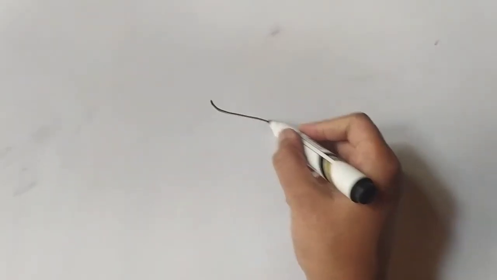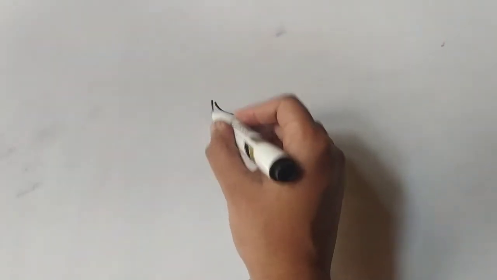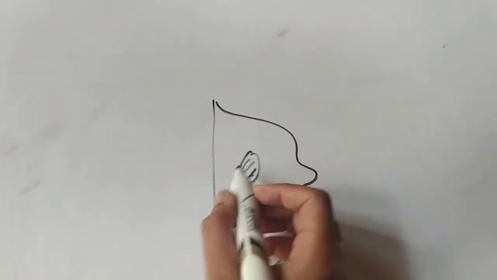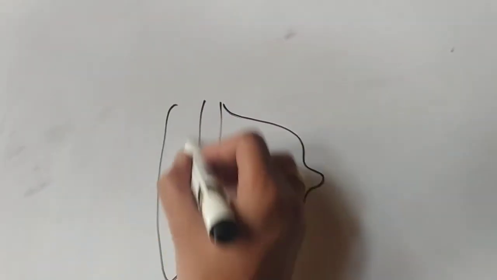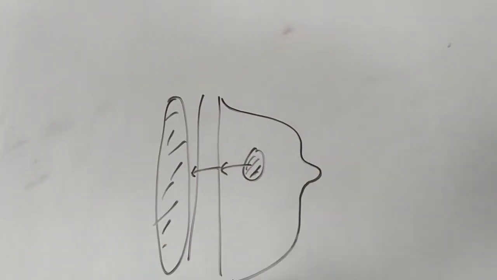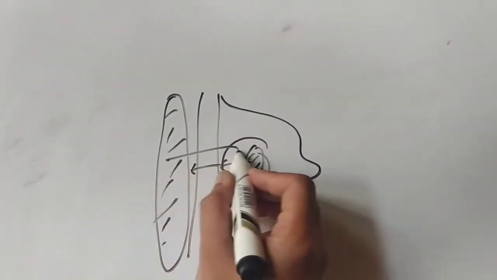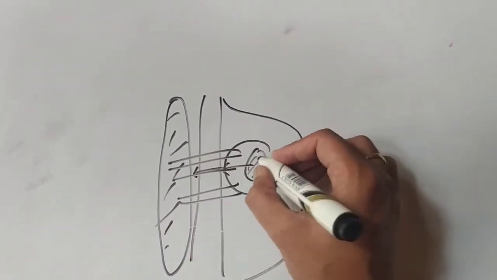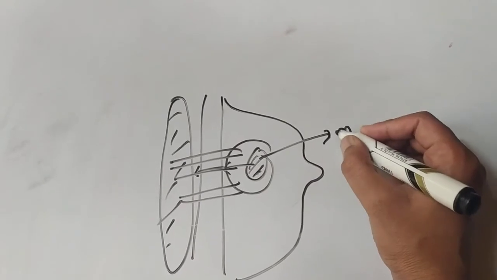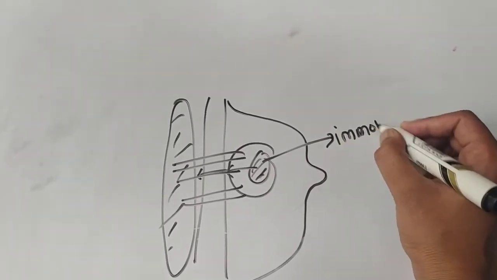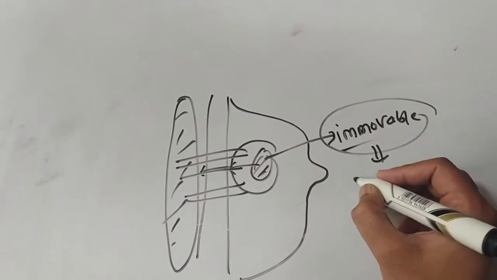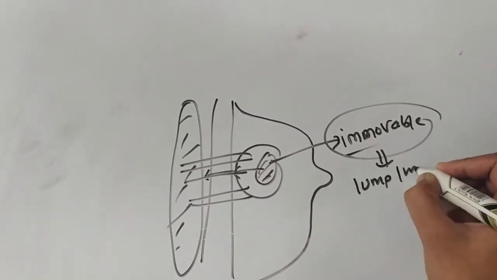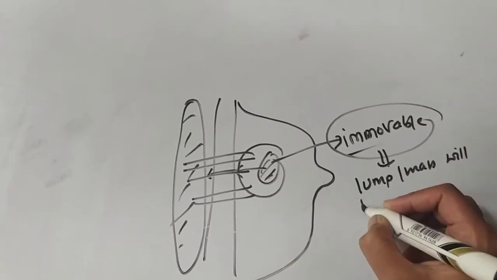Now one more concept you have to take: let us suppose this is the cancer, and it is invading the retromammary space and the pectoralis major muscle. Then the mass is immovable, the lump or mass will be fixed.